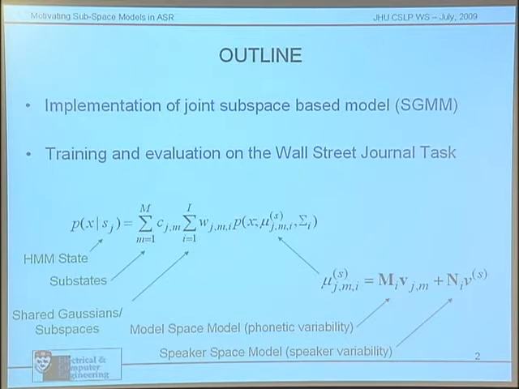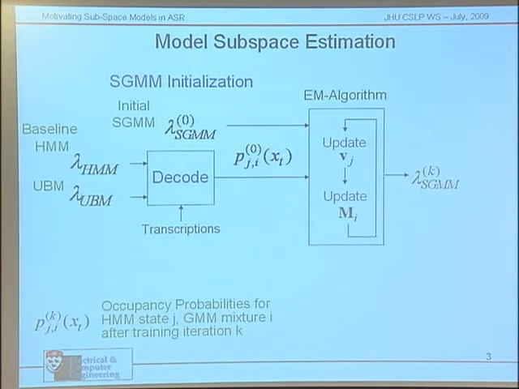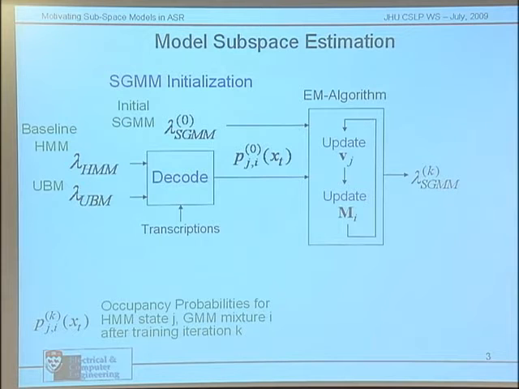So I'll quickly describe the training procedure, and I don't know if anybody has really done that so much. The important point in this slide is that when we initialize these systems, we're initializing them from a baseline HMM model, a traditional parameterized HMM model.